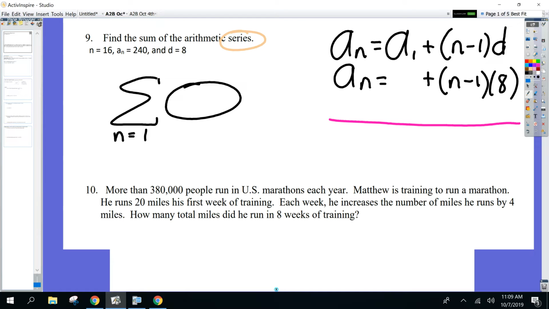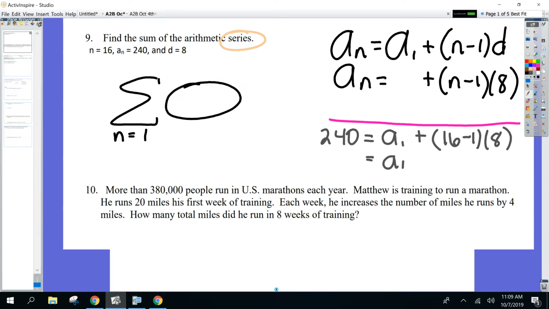Ready? Watch. What's A sub n? So 240 equals, what am I? I'm just going to put A1 here. I'm trying to solve for it. What's your n value? It's given. 16 minus 1 times 8. Go ahead, solve for the first term so we can plug it back in. Move it over.